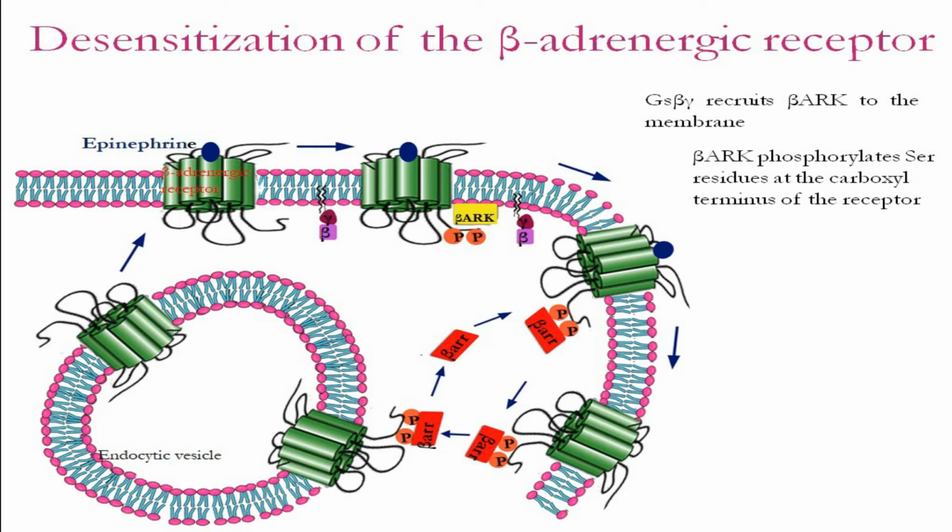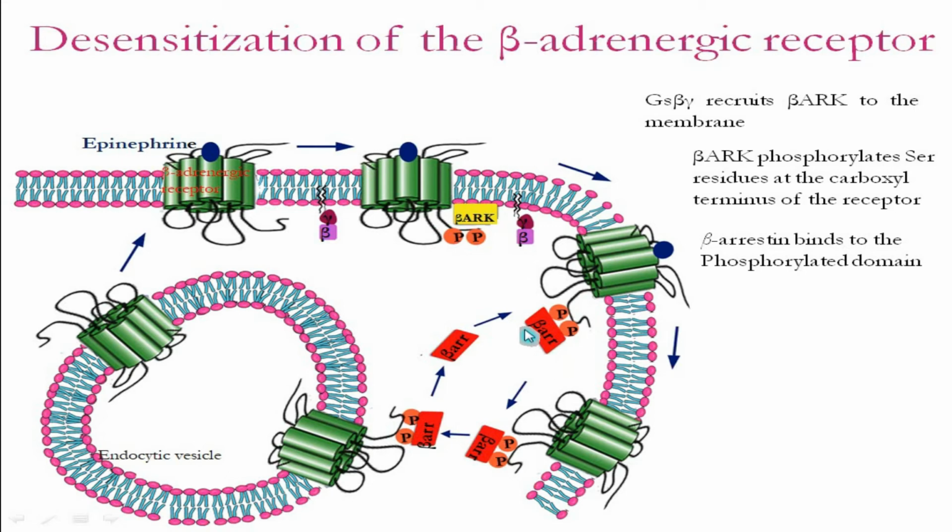And this phosphorylated site creates a binding site for beta-arrestin. Two steps: beta-ARK phosphorylates serine residues at the carboxyl terminus of the receptor, and this provides a binding site for beta-arrestin. And here you can see the beta-arrestin binds to phosphorylated serine residues of beta-adrenergic receptor.